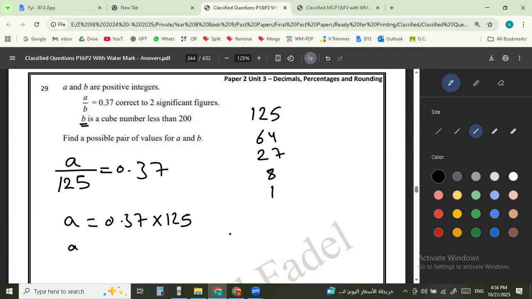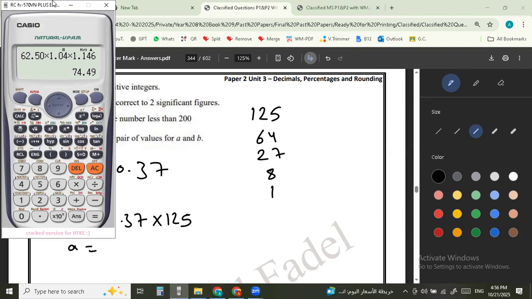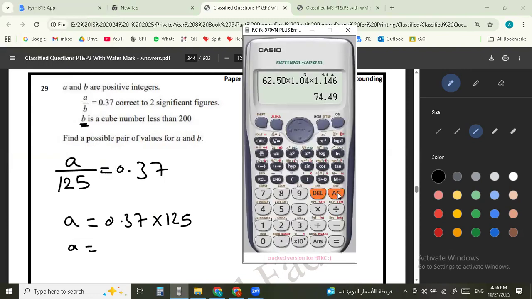This is going to give you A. So let's do it. 0.37 times 125 equals 46.25.